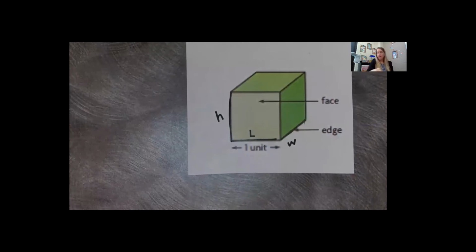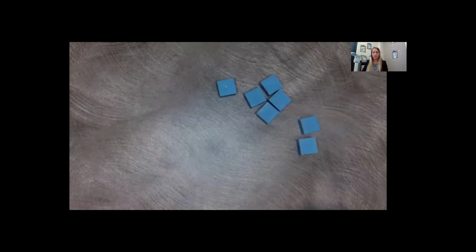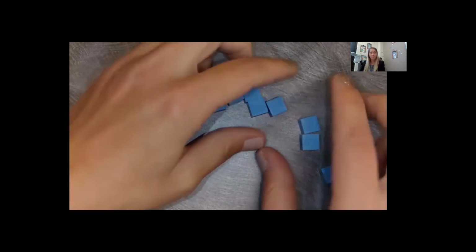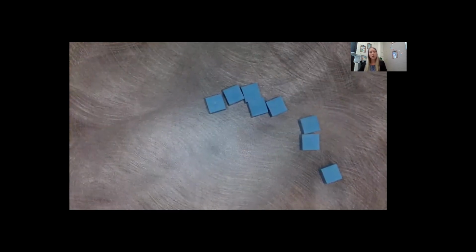So let me say I have 8 unit cubes here. Let me make a solid with these 8 unit cubes, and I want to make a rectangular prism. Remember, rectangular prisms are like boxes, like our Kleenex box, our Ziploc box, could even be a shoe box. How could I arrange these unit cubes to make a rectangular prism?